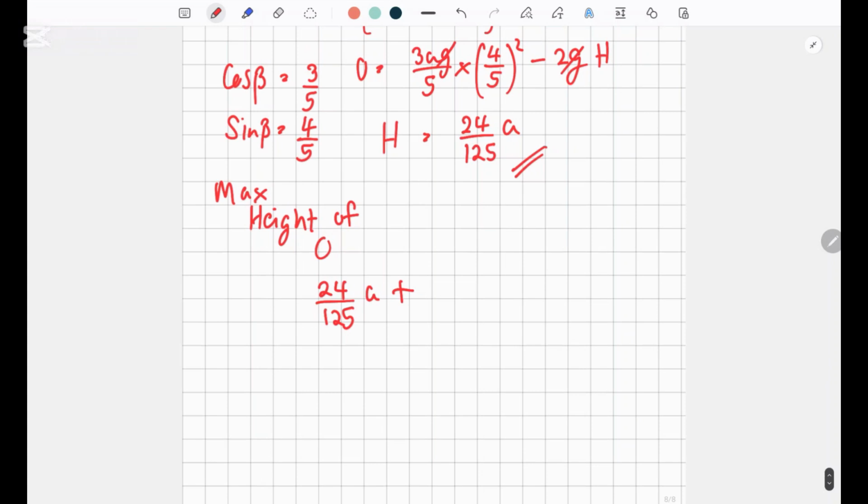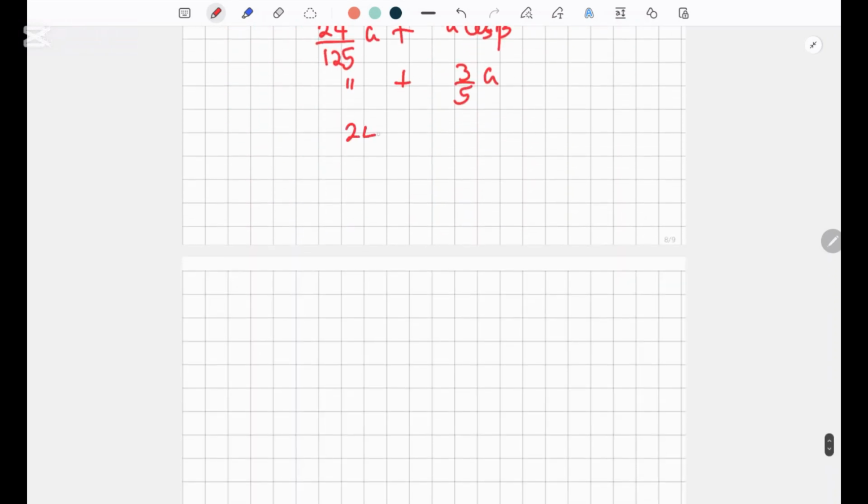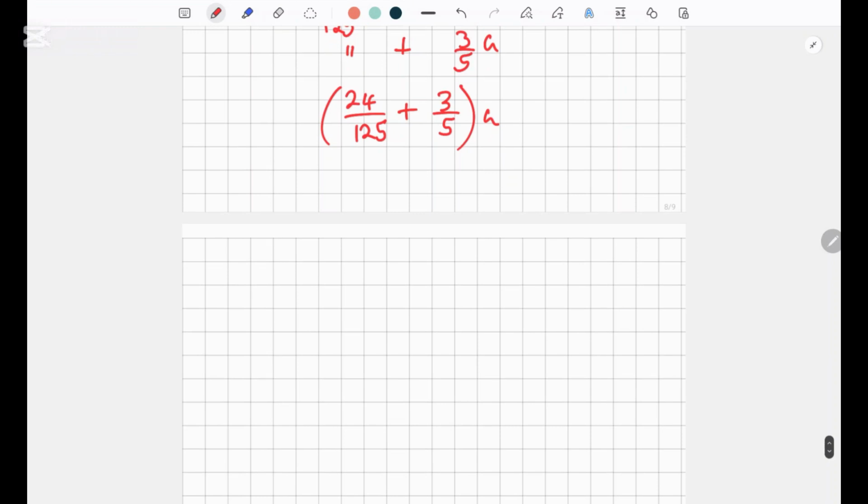So 24 over 125 a plus a cos beta, which is 3 over 5 a. You can use your calculator again.